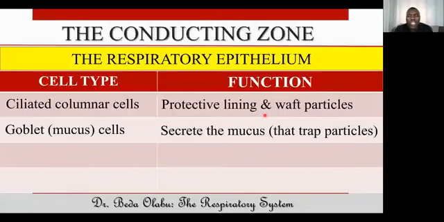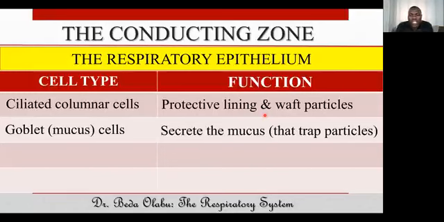The mucociliary rejection current is maybe the most important mechanism of protection against infection in the respiratory system. The mucus and the cilia constitute the mucociliary rejection current.